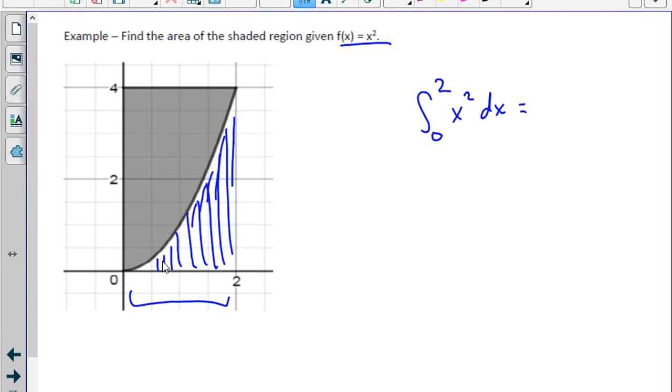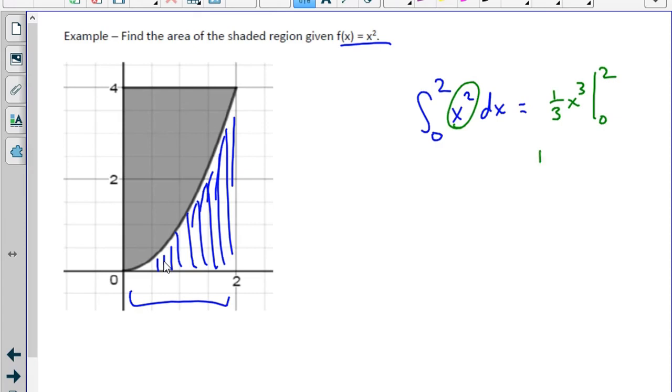What we have learned now is that if we find an antiderivative of this function, in this case, it's going to be 1/3 x cubed, we can evaluate this from 0 to 2, just like it said in the fundamental theorem of calculus.